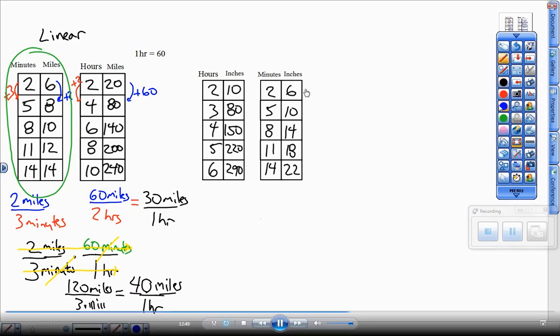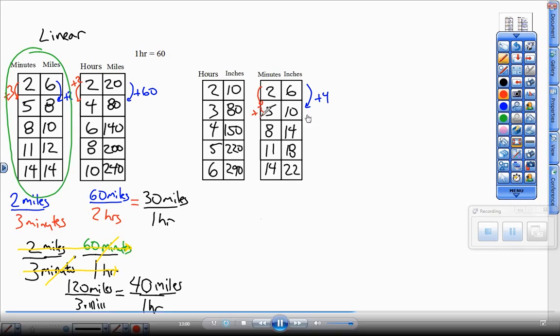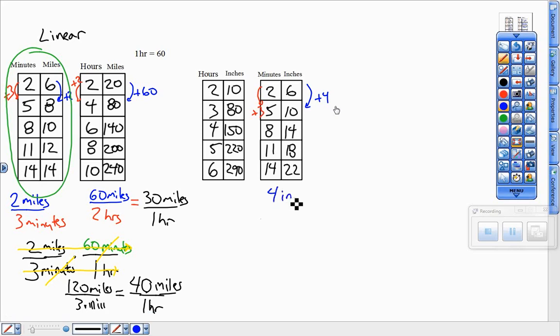I want you to go from inches, 4 inches right here for every 3 minutes. I want you to be able to write that as slope. So that would be 4 inches for every 3 minutes.